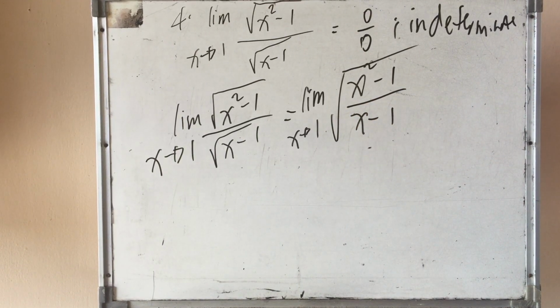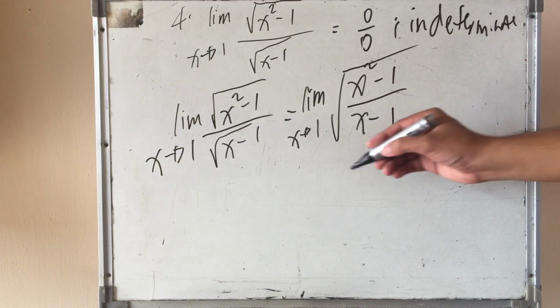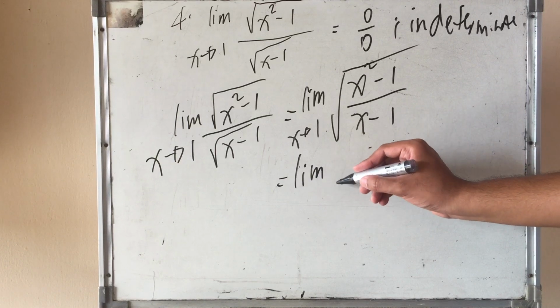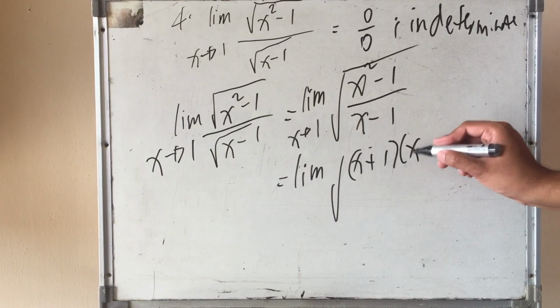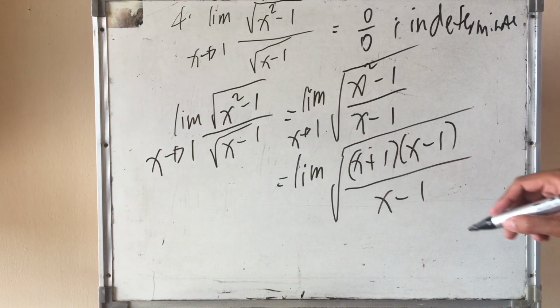Then from here we can factor the numerator. So this is equal to the limit of the square root of x plus 1 times x minus 1 divided by x minus 1.